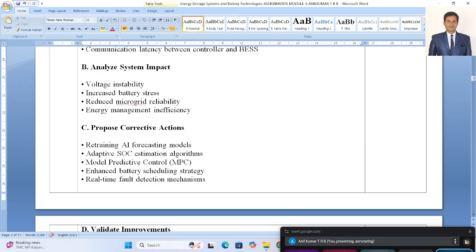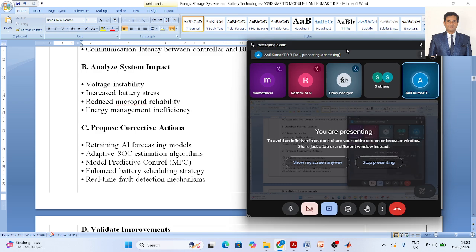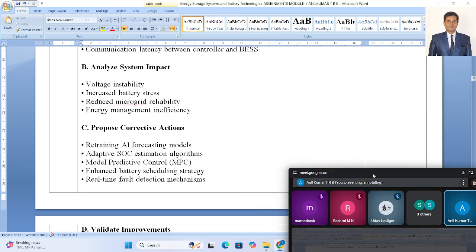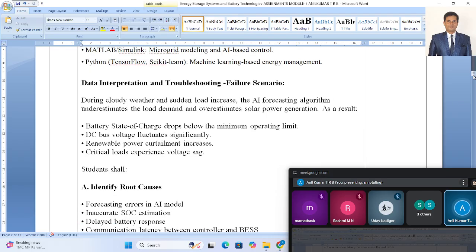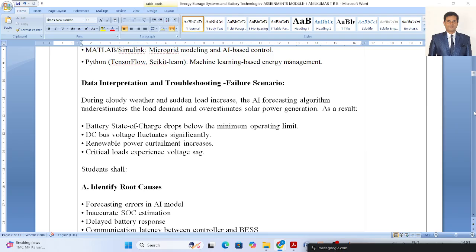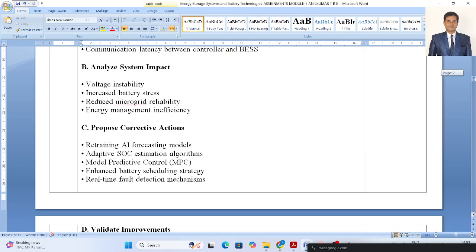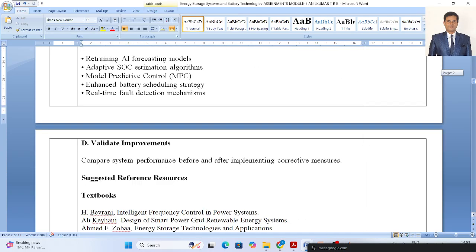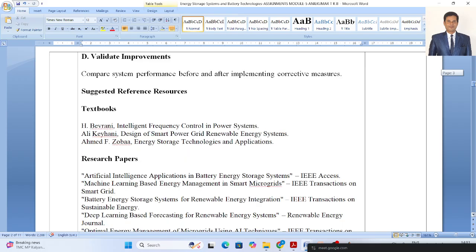From that we can overcome the problems in our actual results, okay? So the fault detection model also you have to develop. Is that clear? After that, what you have to do is validate. After the root cause and analysis, take the corrective action and validate your improvements, right?